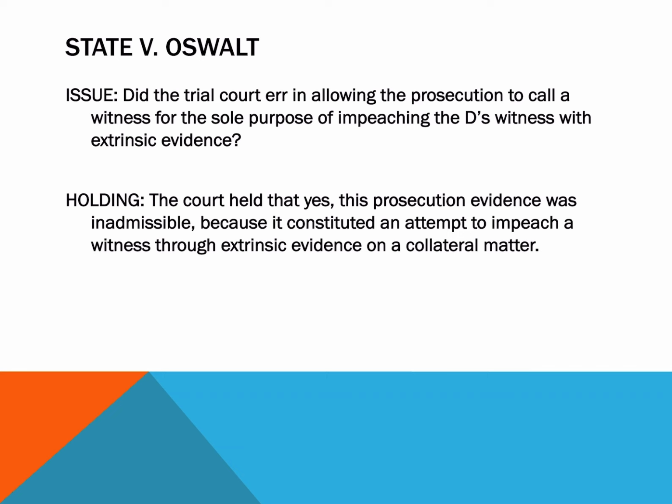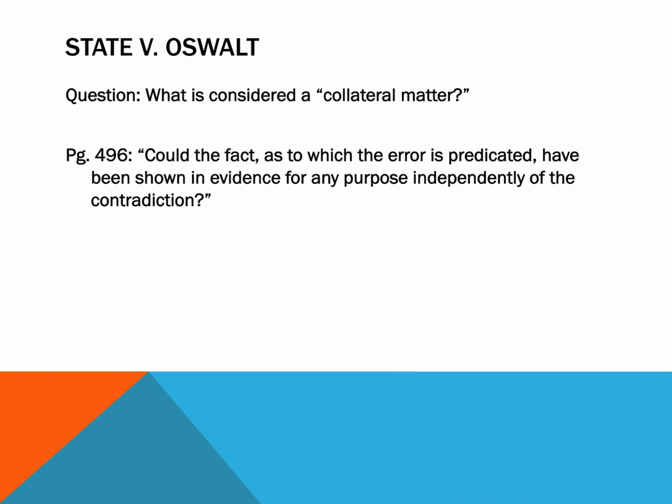This court held that yes, this prosecution evidence was inadmissible because it constituted an attempt to impeach a witness using extrinsic evidence on a collateral matter. So what is considered a collateral matter? On page 496 in your casebook, this court discussed that.